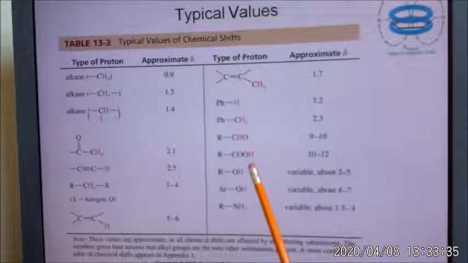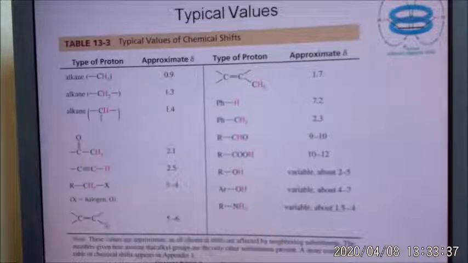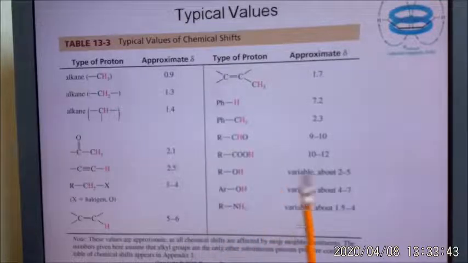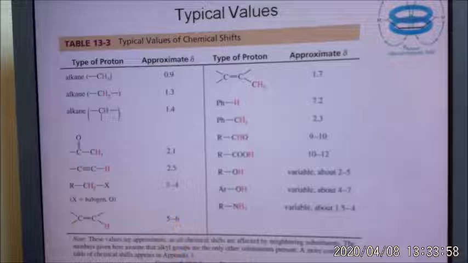Particularly your carboxylic acid proton, almost bare, 10 to 12. Alcohols, it's variable, 2 to 5. Aromatic alcohols like phenols, 4 to 7. And then amines are 1.5 to 4. If you get amides, you're going to find them a little higher up. Amides would be probably between 6 and 7 or so.